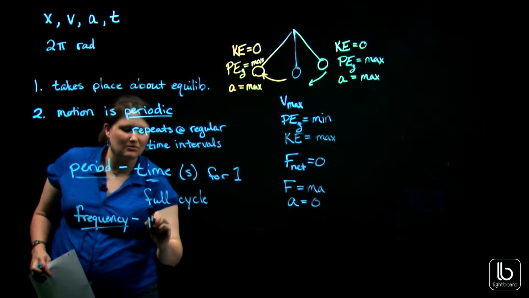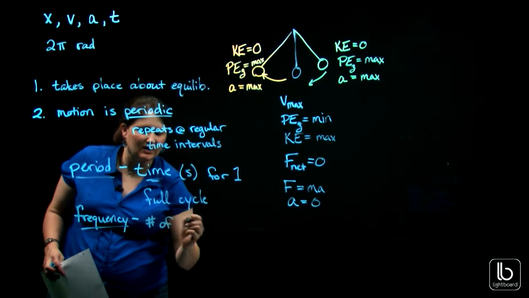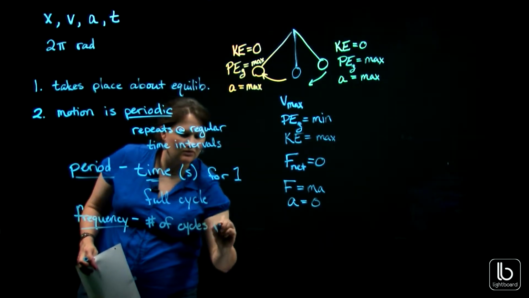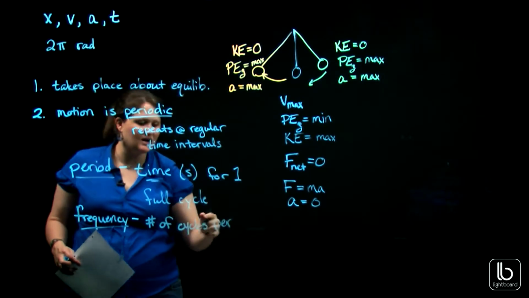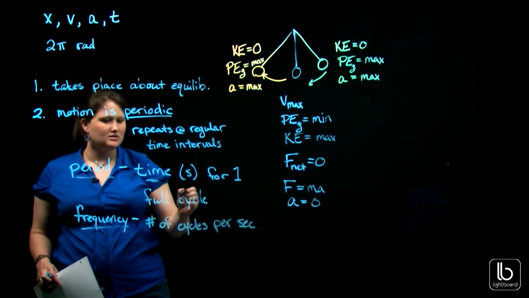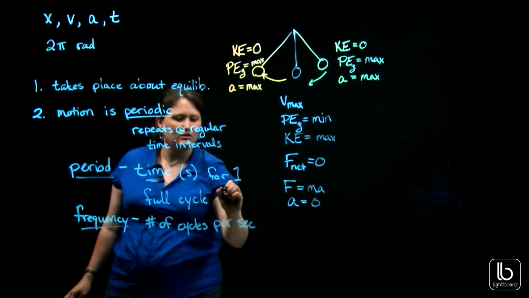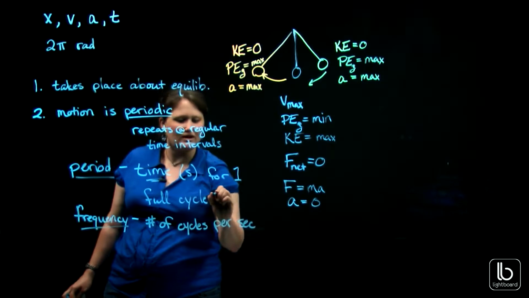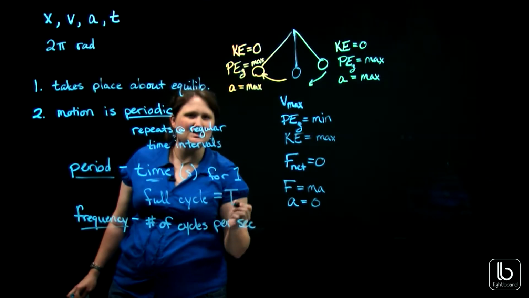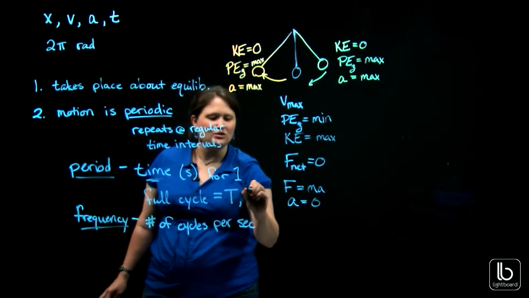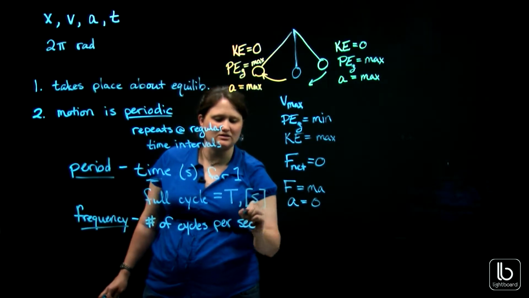Frequency is the number of oscillations or cycles per given amount of time, usually per second. So for period, I represent it with the letter T. You can think of it as time being T. And it has units of seconds.